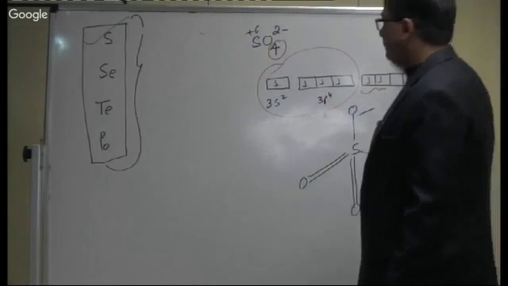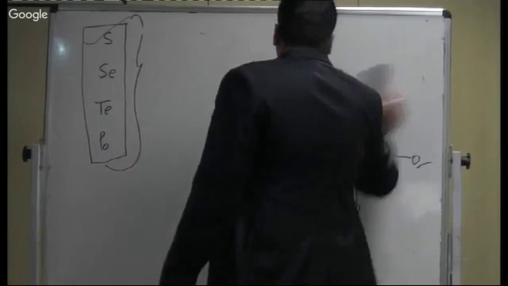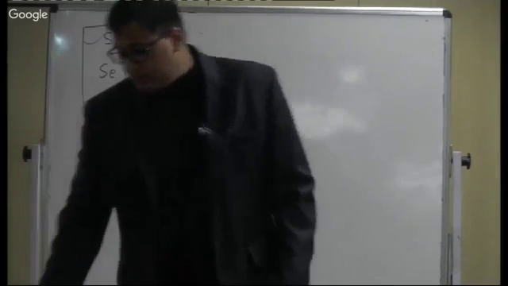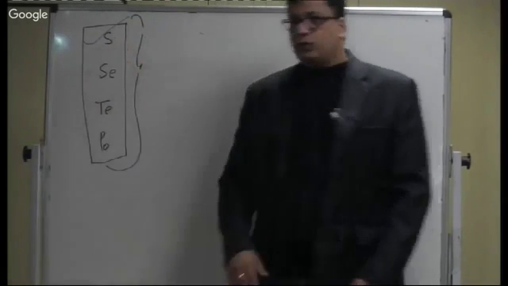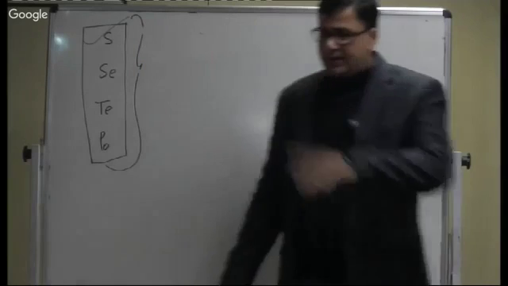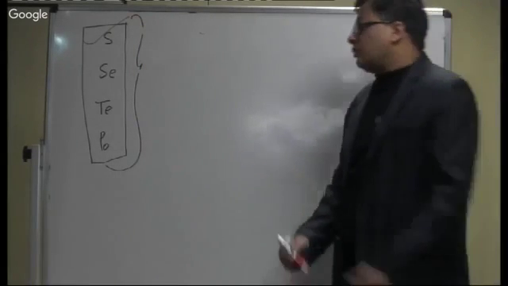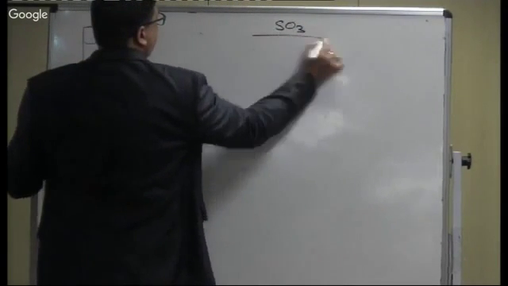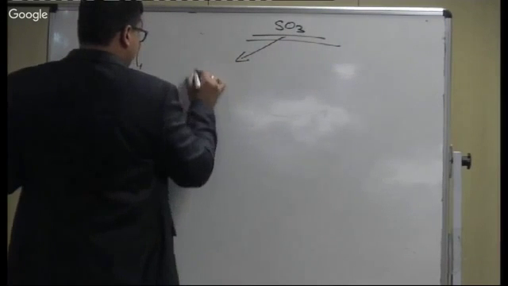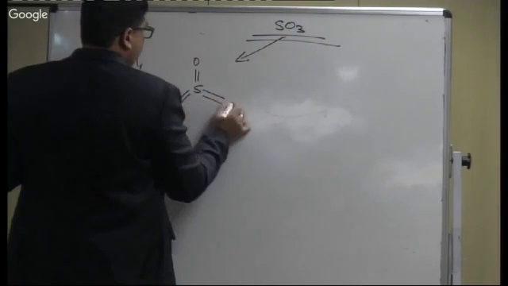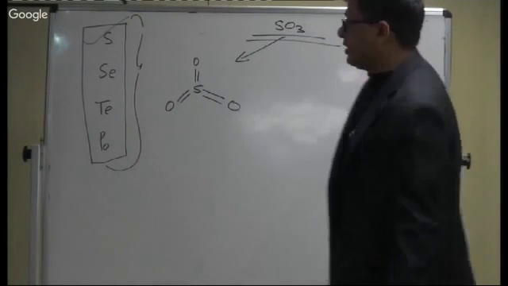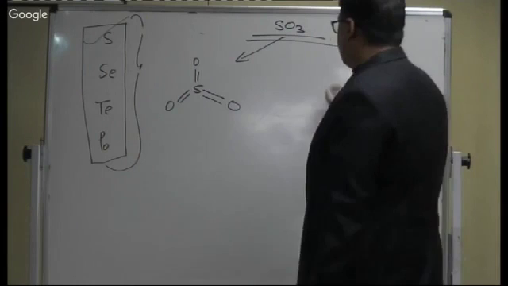Clear? So we are talking about the oxides. Sulfur forms mainly two or three types of oxide. One is SO2, the other is SO3. In SO3, the structure is triangular planar. Write down that SO3 exists in different polymeric structures. One is the single unit of SO3, which consists of 3 pi bonds, and the second is a cyclic structure.